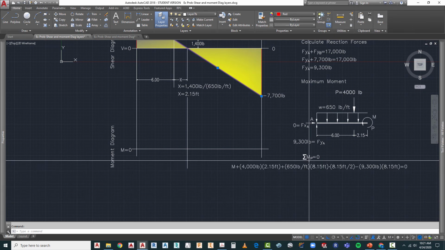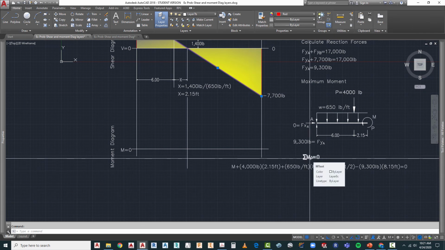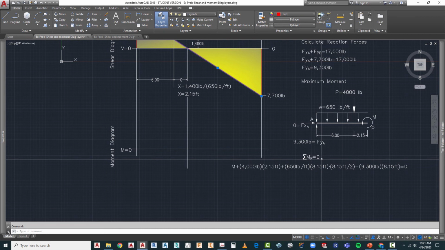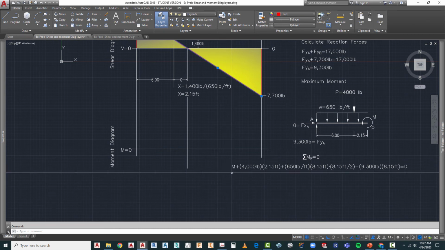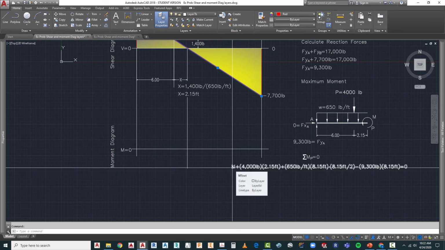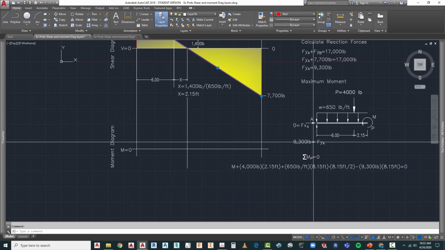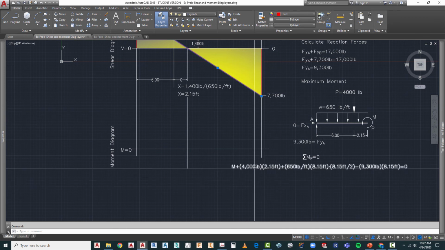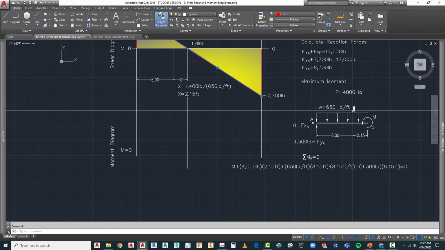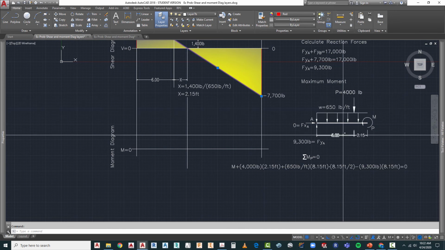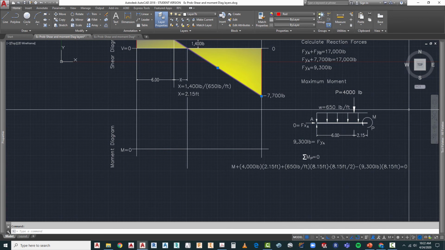We know that all of the moment forces need to equal 0. So we have our reaction force, which is M in here, needs to counter all of the forces which are going against it. So we have 4,000 pounds coming down into here, which is going to cause a counterclockwise motion.